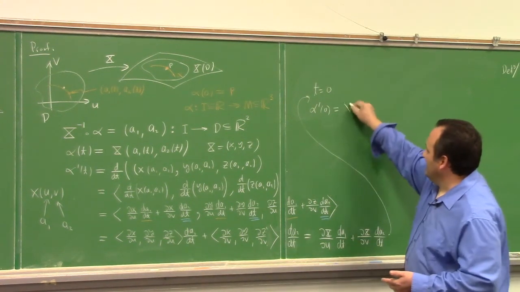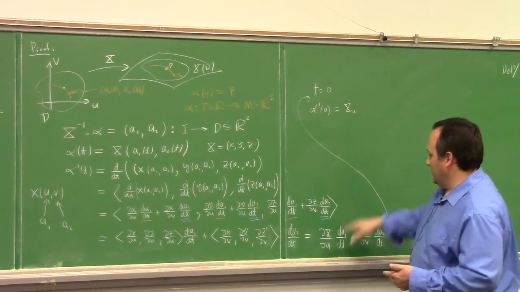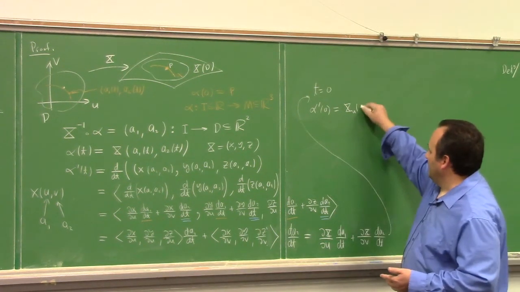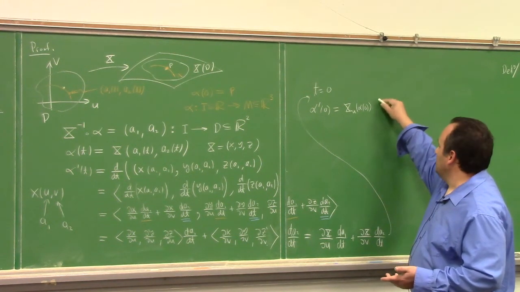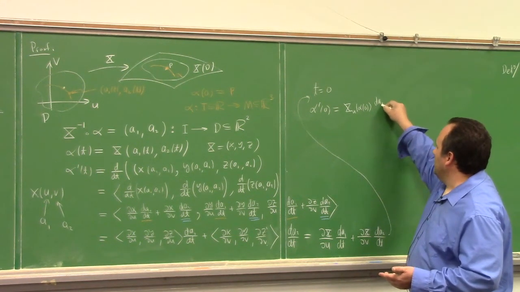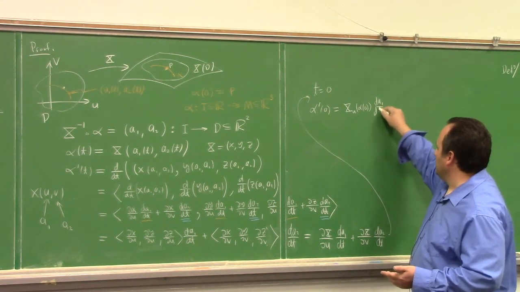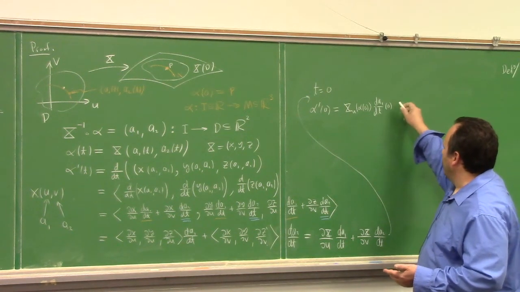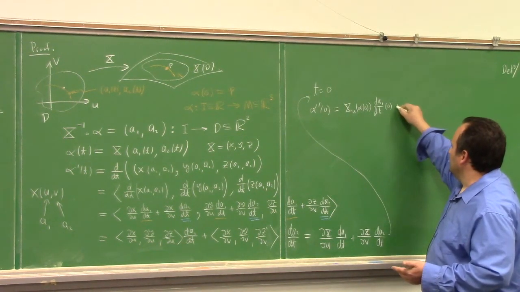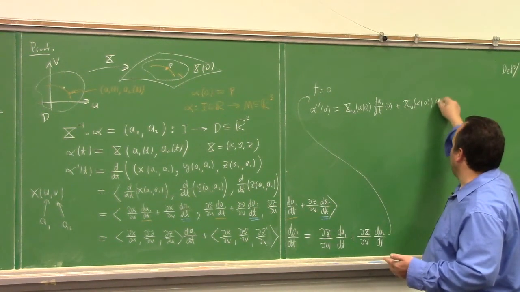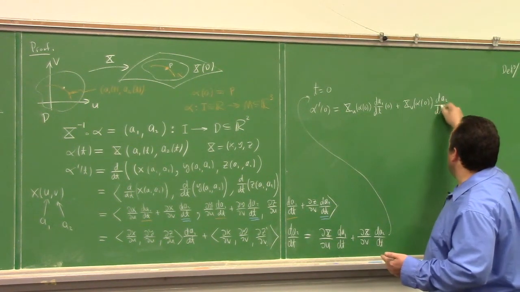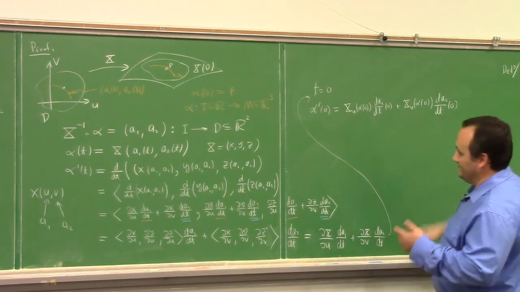X sub u of alpha of 0, dA1 dt at time 0, plus x sub v of alpha of 0 times dA2 dt at time 0.